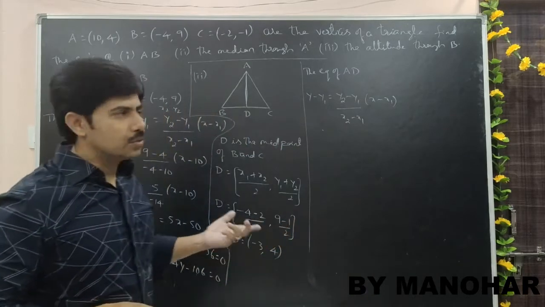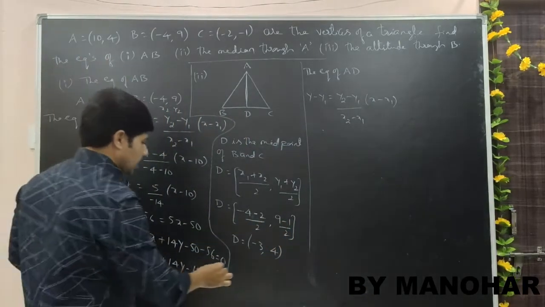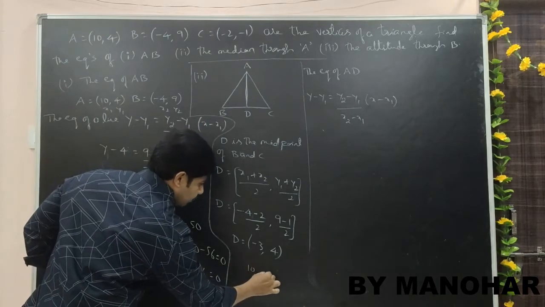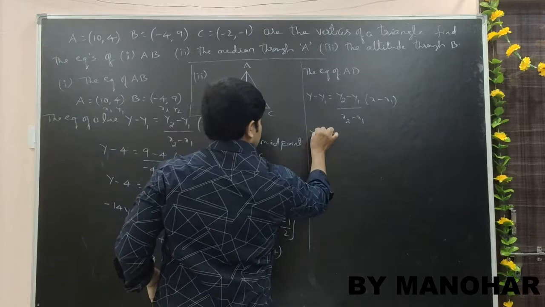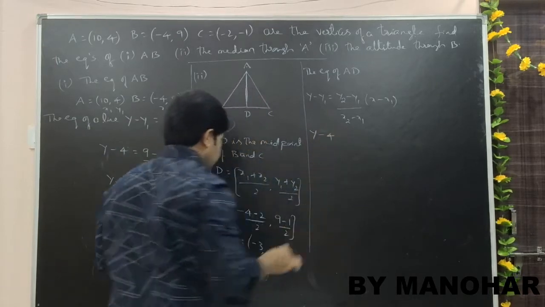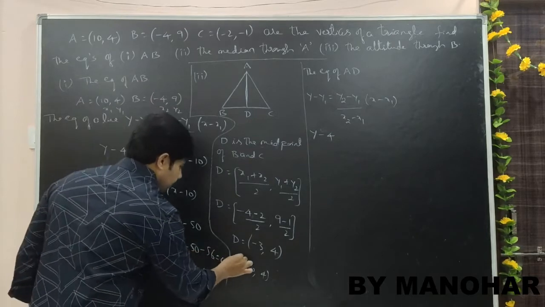So we'll use this to find the equation of AD. So A is (10, 4). Just I'll write it here. Now we'll substitute. So y minus y1, y1 I'm taking from point A.